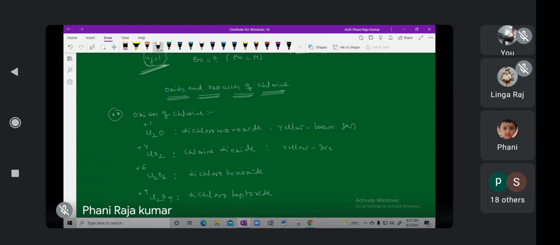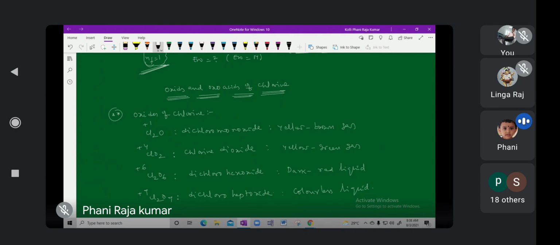This one, yellowish green gas. This one, dark red liquid. This one, colorless liquid.